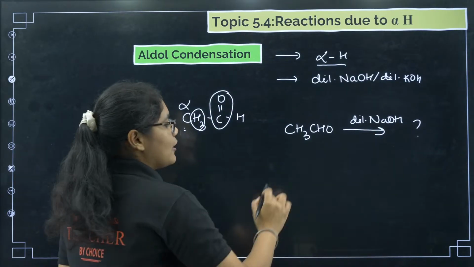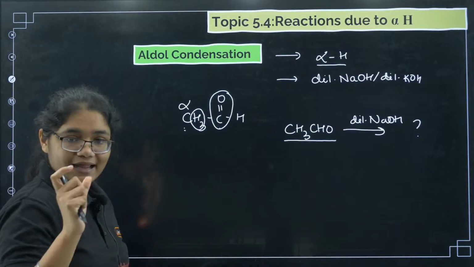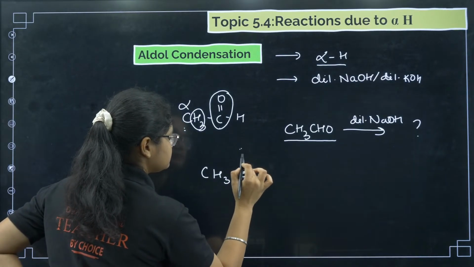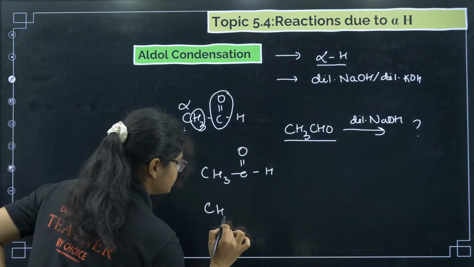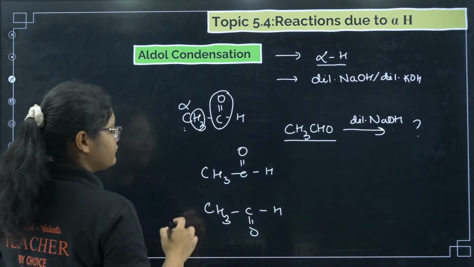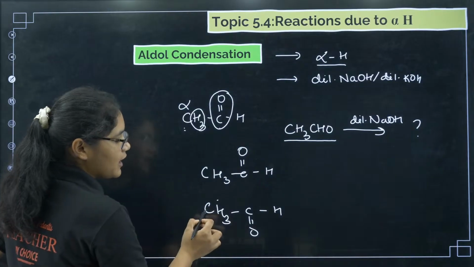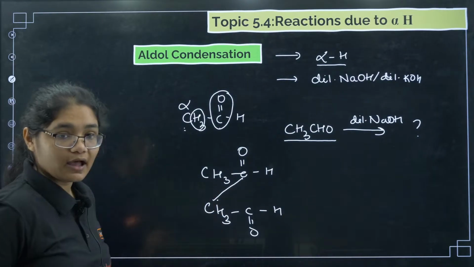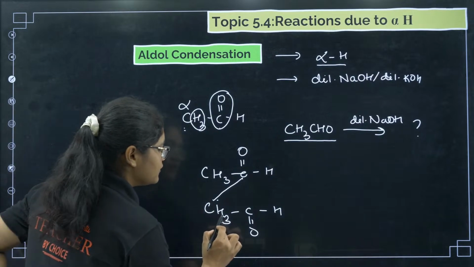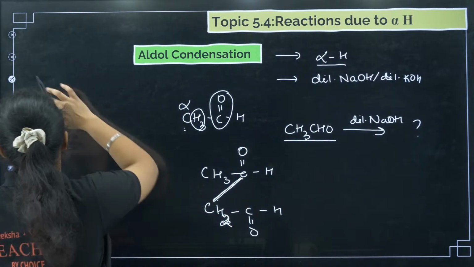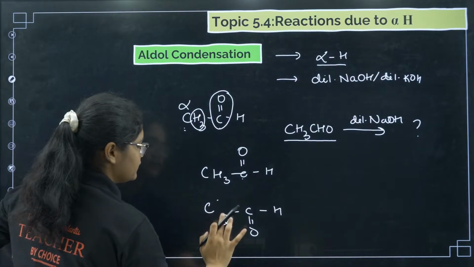Whatever reactant is given, just write it one above the other. Two times you have written. Next, connect the alpha carbon to the carbonyl carbon. After that, remove one hydrogen here. See, you are connecting this one bond. Let me just tell you once again. Wait.